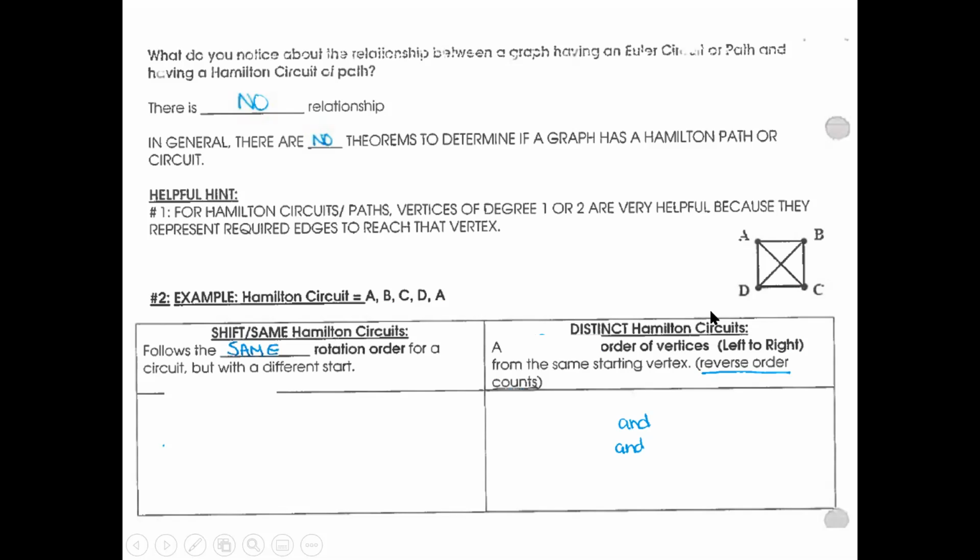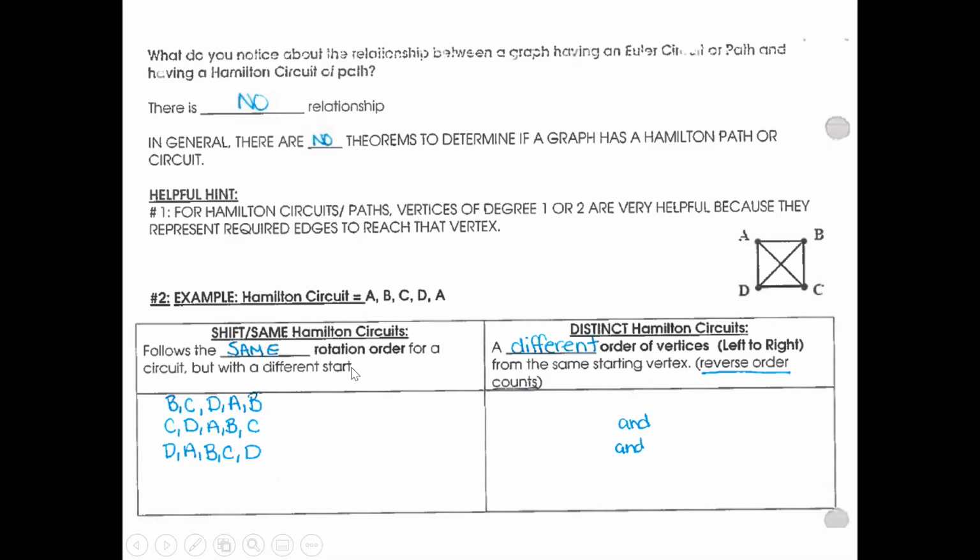This is a distinct Hamilton circuit: a different order of vertices from left to right from the same starting vertex, reverse order, and it counts. So let's see over here. For the same Hamilton circuit, you follow the same notation order, but with a different start.